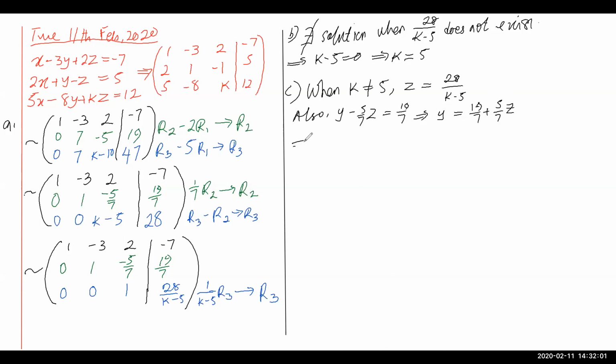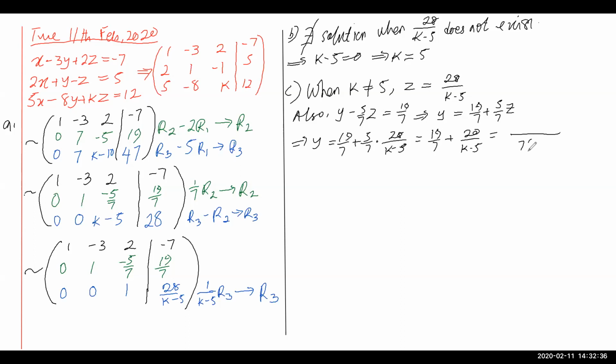Okay, and that implies that y is equal to 19 over 7 plus 5 over 7 times 28 over k minus 5. And you can divide this too. So you get a 4 here. So that's 19 over 7 plus 20 divided by k minus 5. And that we can express as a single fraction.